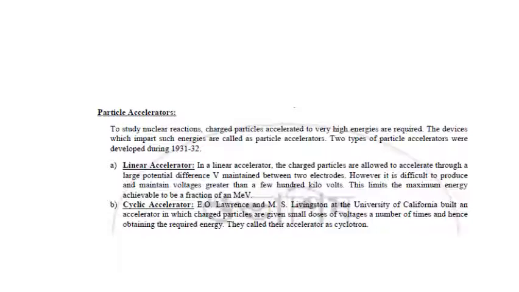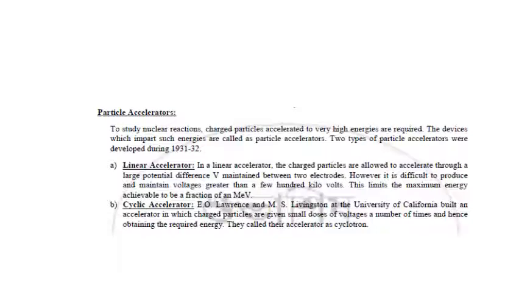And the energy or the velocity is limited at the time of creation of the particles. If we want a required amount of energy or velocity, then we use particle accelerator device. The device which imparts such energies is called particle accelerator.